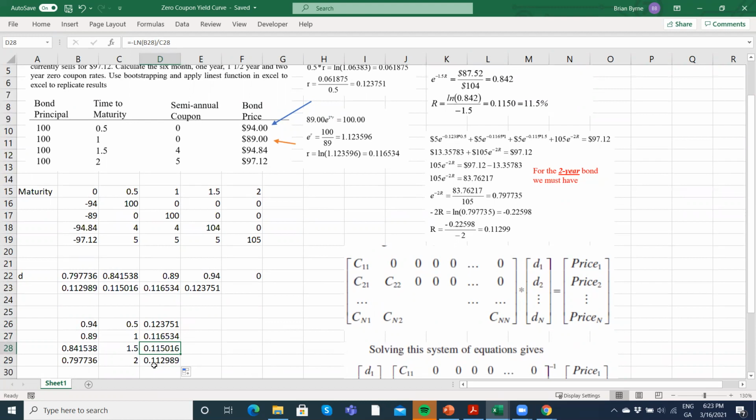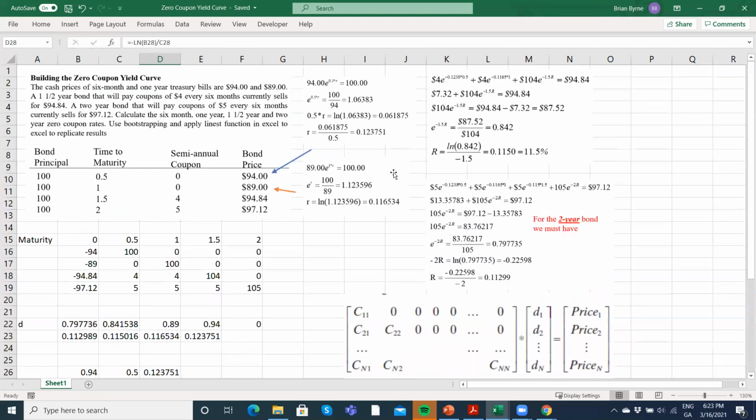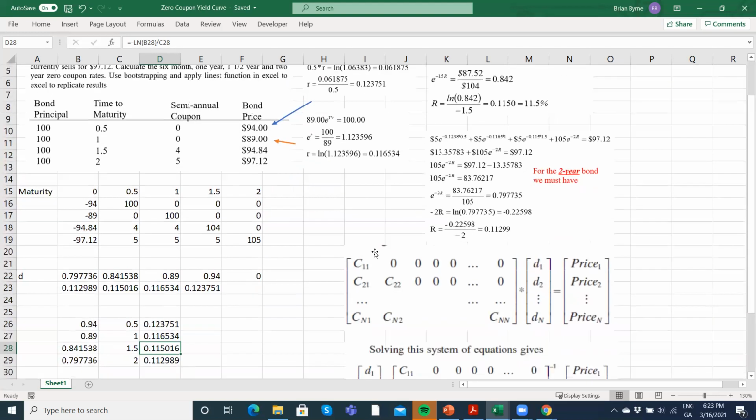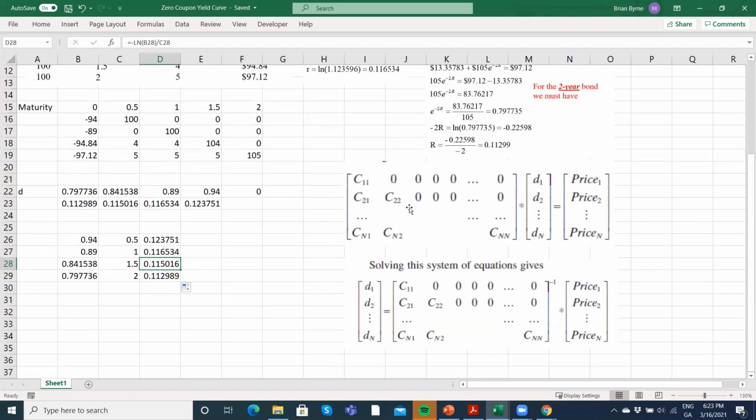And the 0.112989 is the same as what I have here. So these very arduous, convoluted estimations where I'm bootstrapping, which is the technique we would use if we were manually putting together a term structure of interest rates, can be simplified by using this matrix operation.